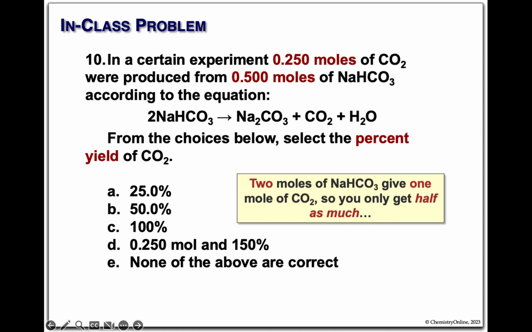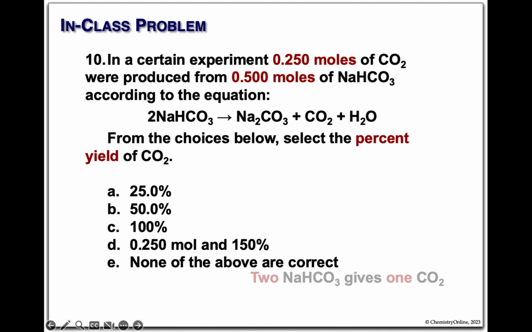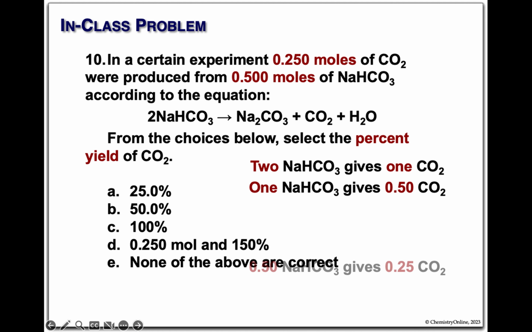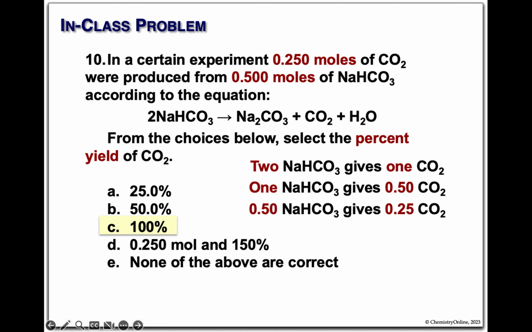So if we had 2 moles of this, we would get 1. 1 mole of this, we would get half. Half a mole, which is what we have, gives us 0.25. And by George, that's what we got. That's 100% yield. In lab, most people got slightly over 100% yield, but still, that was good.